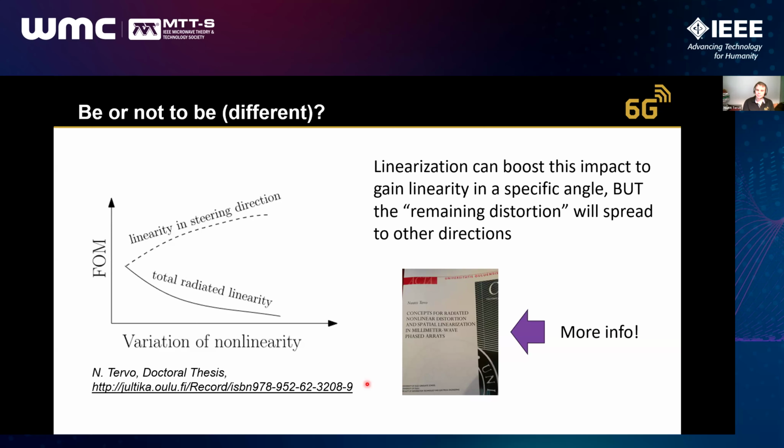So the more differences, the more we can boost the common effect, so the more we can make them cancel each other. But the problem is that the distortion has to go somewhere. So if we make a null somewhere, the distortion will spread elsewhere. So we are sometimes creating even more distortion in this kind of example. So this is one of the trade-offs in array linearization that one must consider.